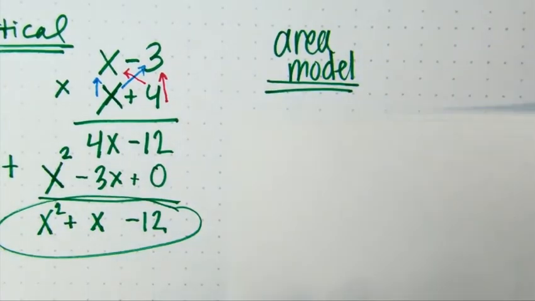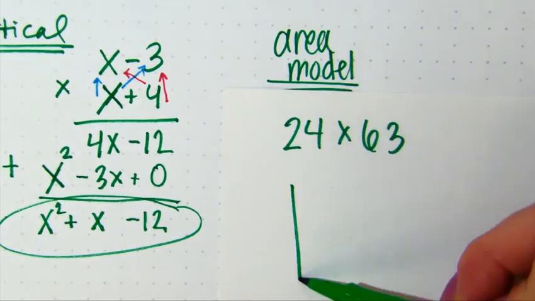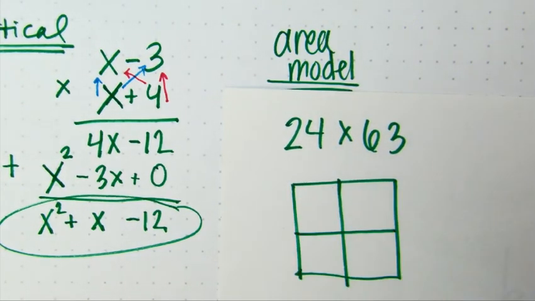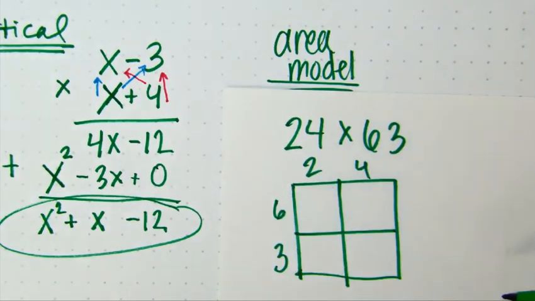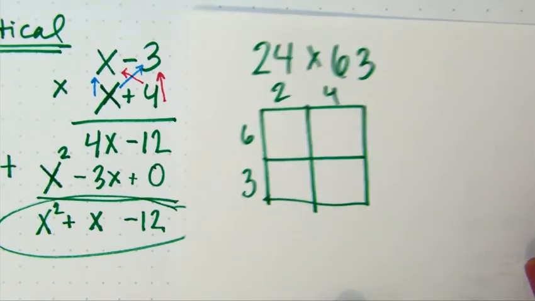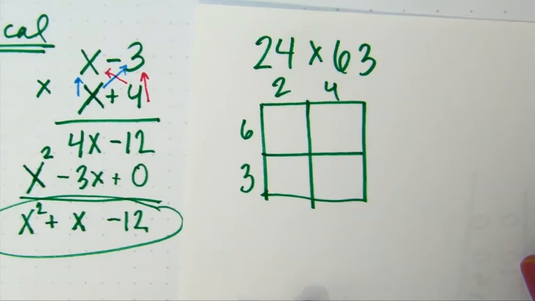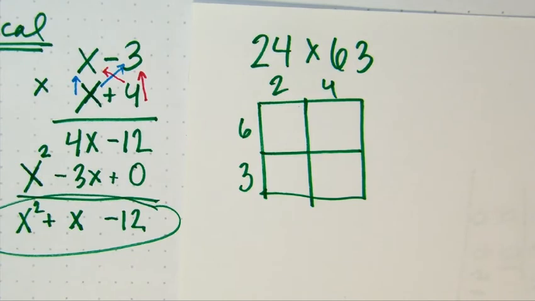So for an array, for example, if you were multiplying 24 by 63, you would make a square and you would put 2 and 4 and then 6 and 3. You guys remember doing that in elementary school? Yeah. Maybe. Depends on how your teacher approached things, but the reason this method is important for me to show you guys is because next unit, we're going to be doing something called factoring.